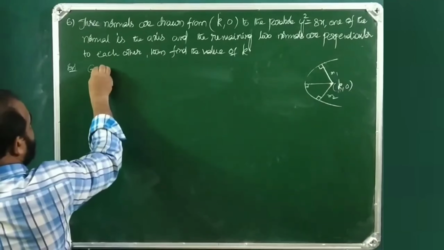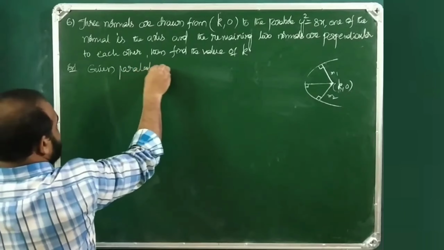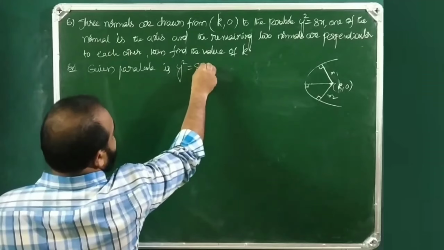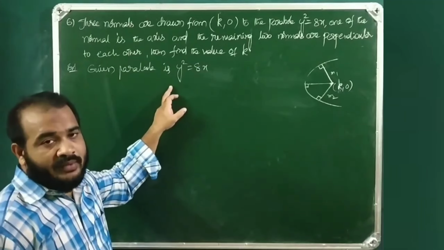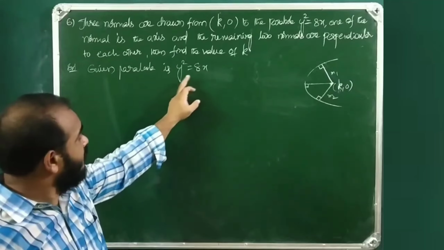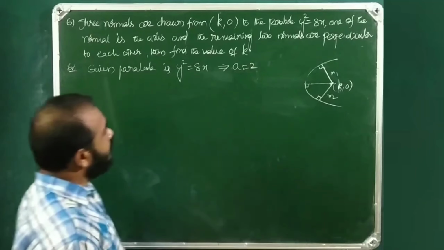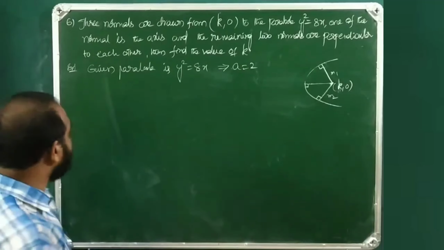So, the given parabola is y square equals 8x. Comparing this with the standard form y square equals 4ax, 4a equals 8, so a equals 2. Let us take the slope form of the normal to the parabola.